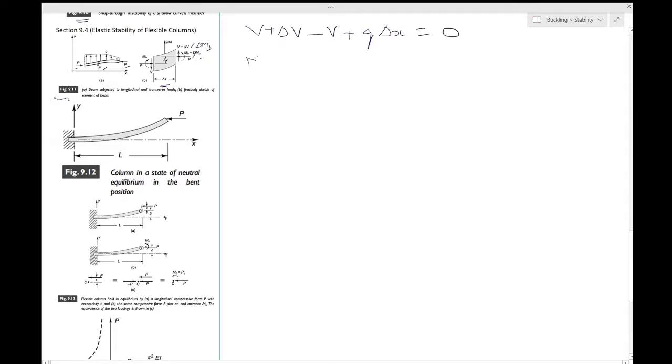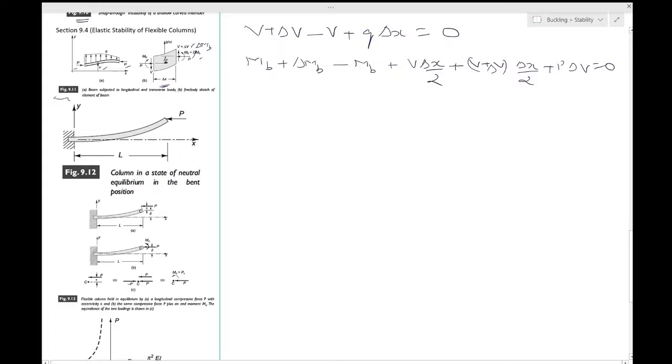Similarly, we will have Mb plus delta Mb minus Mb plus V into delta x by 2, taking moments about the center, plus V plus delta V into delta x by 2 plus P delta v equal to 0.